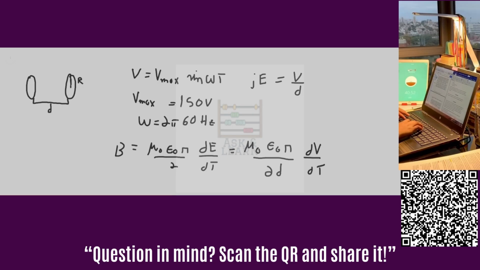This is for inside, so r smaller than capital R. And because we want the maximum value of the magnetic field, we want the value where r equals R. This is when all the induced current is being felt by the Gaussian surface, then is contributing for the magnetic field.